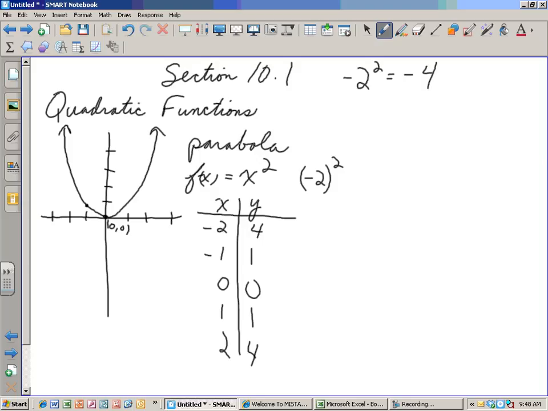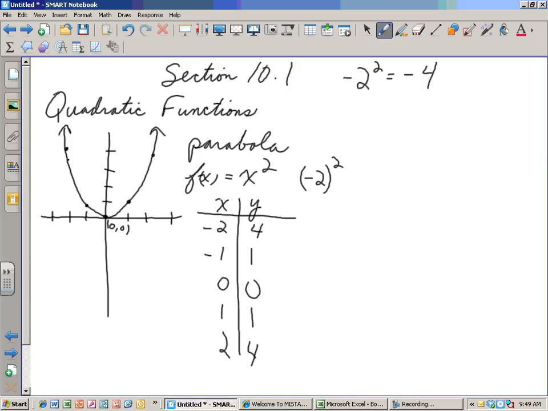And pick small numbers. We don't want to pick big numbers here. So I have -2 and 4, that's going to be right here. We have -1 and 1, 0, 0. We have 1 and 1, right there. And then we have 2 and 4. So you can make your own marks and just sketch the graph.